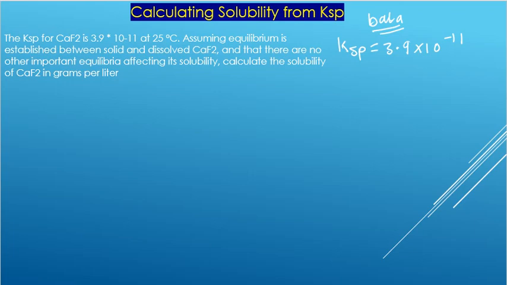Assuming equilibrium is established between solid and dissolved calcium fluoride and that there are no other important equilibria affecting its solubility, calculate the solubility of calcium fluoride in grams per liter. Okay, so for this particular question, the way we solve it is very different, but we're going to do it in a very special way.